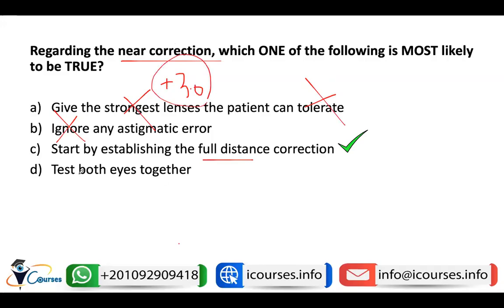Although in practice we test both eyes together, optically speaking every eye can have different accommodation from the other eye. For example, a patient with pseudophakia has total loss of accommodation in one eye and some reserve accommodation in the other eye, so it will be wise to test each eye separately.